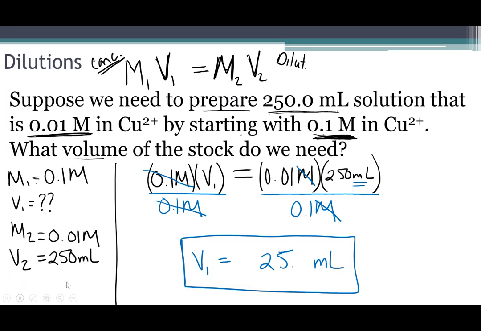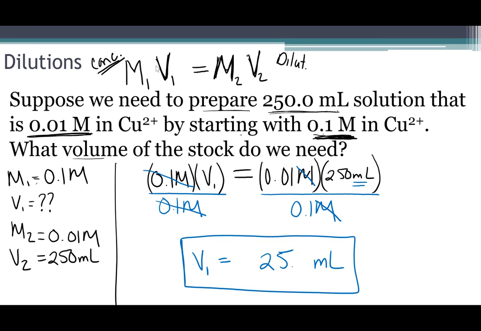Okay. In these dilution equations, I could form these problems where I ask for any of the variables. So be prepared for that. But what you're going to want to look for to recognize that it's a dilution problem is that I will likely use the word dilute. So I would say something like, I want to dilute a 0.1 molar solution down to 0.01 molar.